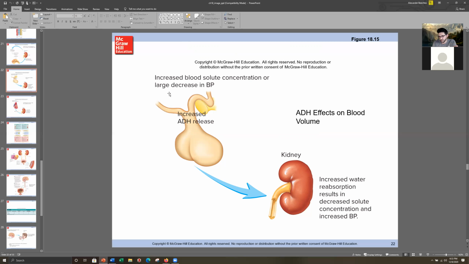It goes to the hypothalamus first, but the hypothalamus then has neurons that trigger the release of that antidiuretic hormone. Antidiuretic hormone increases water reabsorption and results in decreased solute concentration and increased blood pressure. So we offset the initial stimuli here. As you can probably tell, we're getting around to looking at another homeostatic mechanism here.